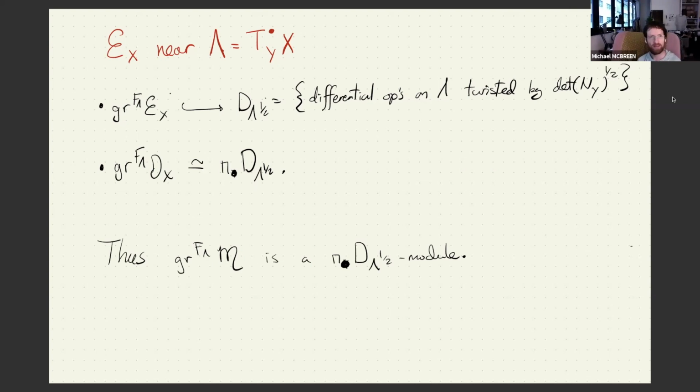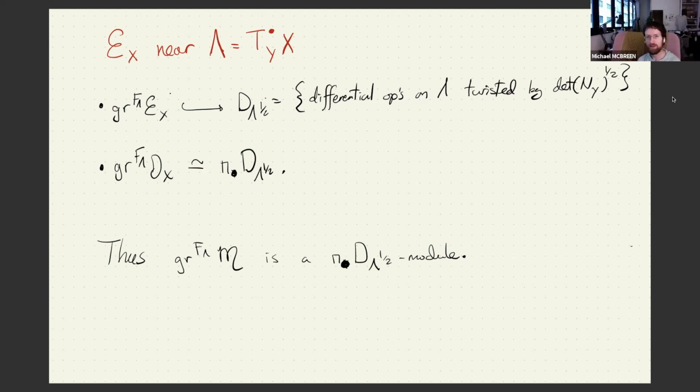And so what this is telling you is that after taking graded with respect to this filtration of some D_X module, what you get is more or less a module over differential operators on your conical Lagrangian.